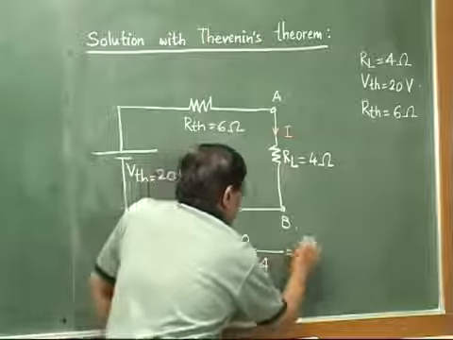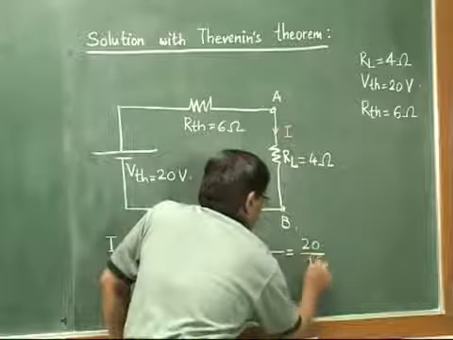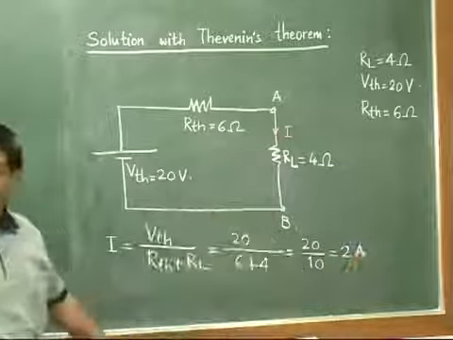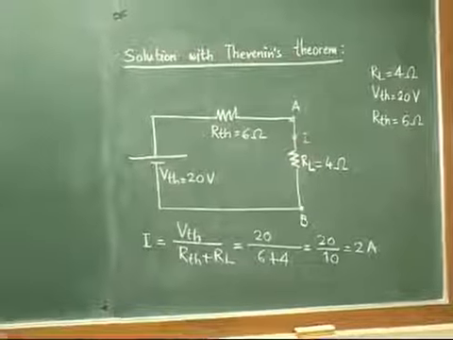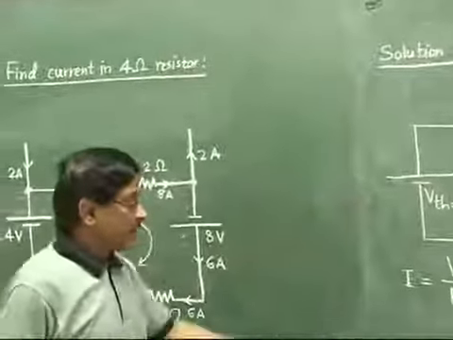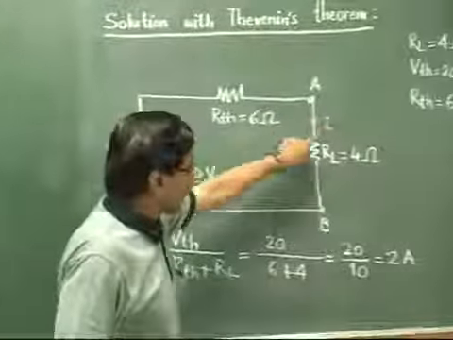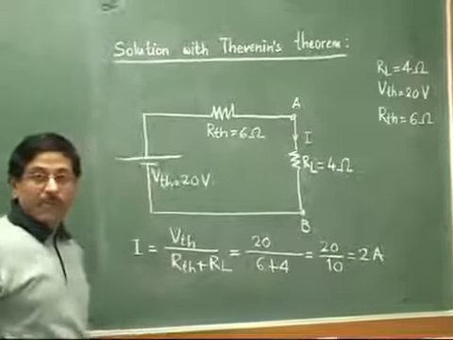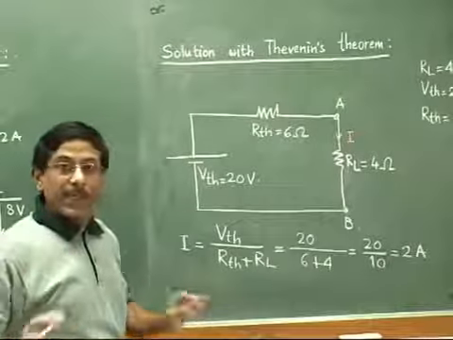So 20 divided by 10, this is equal to 2 ampere. So we have got the same answer when we solve the problem using the steps of Thevenin's theorem. See, current I in load resistor comes out to be 2 ampere. Same answer we have got as we have obtained by using only the Kirchhoff's laws.